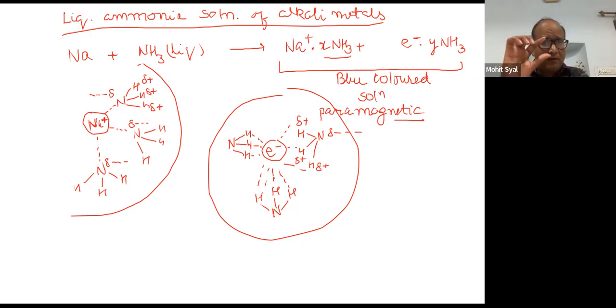The first element of each group, which is lithium here, will show some abnormal properties, which will not match the properties of the rest of the elements which are below it. This is called abnormal or anomalous behavior of the first element of each group. So it doesn't resemble the other elements lying below it in its properties.